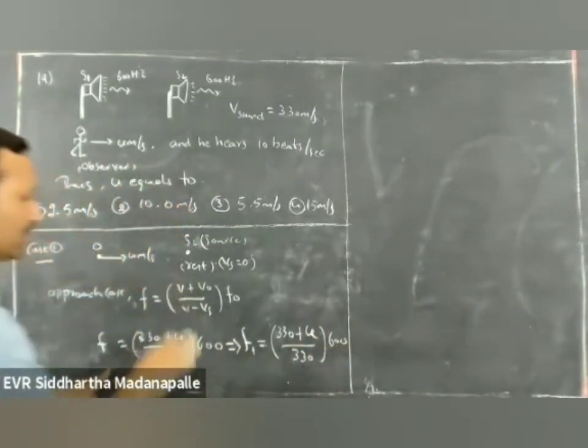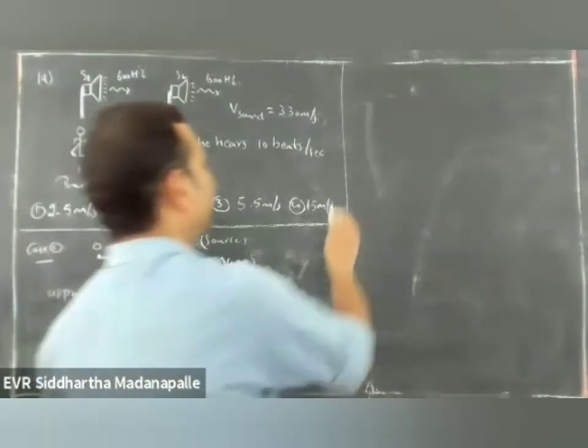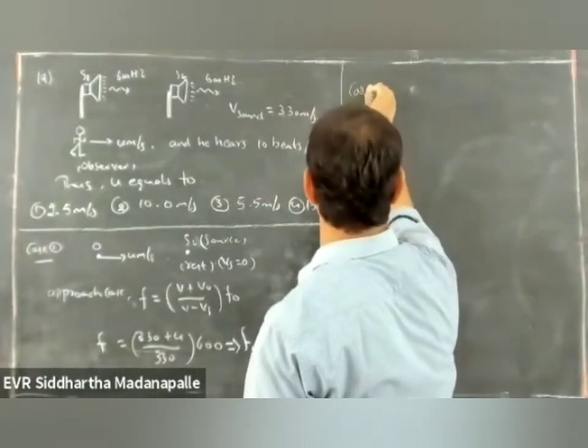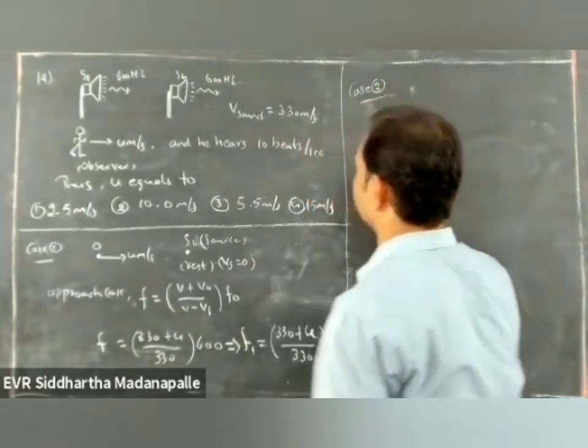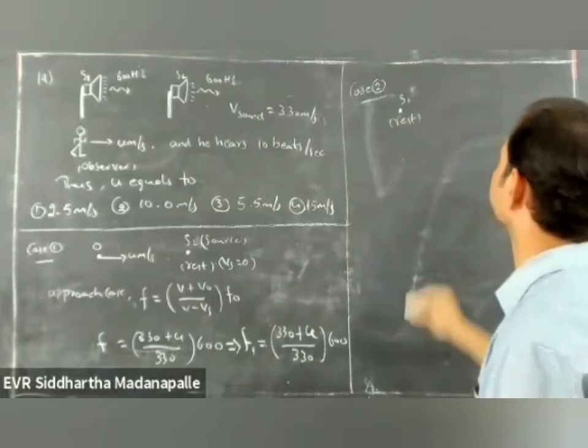Sorry, this is u, not 4. Then F1. Now simultaneously he is moving away from S1. Option 1, sir, 2.5, sir. Is 2.5 correct? Yes, 2.5 is the correct one.